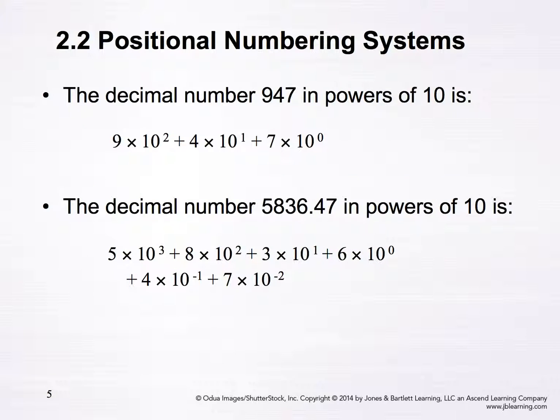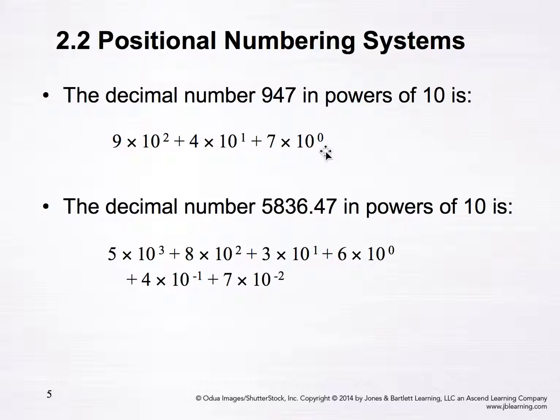Here's an example of the positional numbering system. The decimal number value of 947 in base 10 can be represented as 9 times 10 to the power 2, plus 4 times 10 to the power 1, plus 7 times 10 to the power 0.